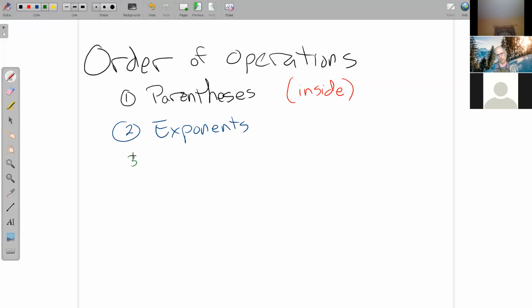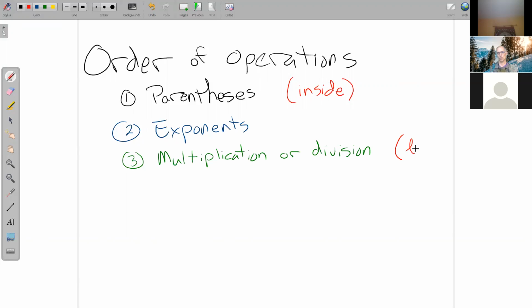The third step, I found I was misled when I was a kid about this. Usually it's stated as multiplication and division. But really it's multiplication or division. And the catch on that is you got to do it left to right.